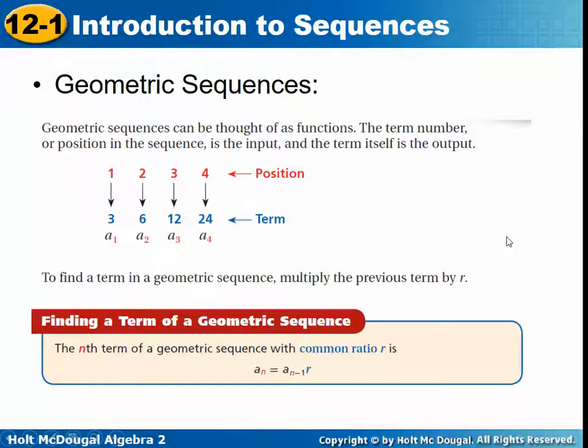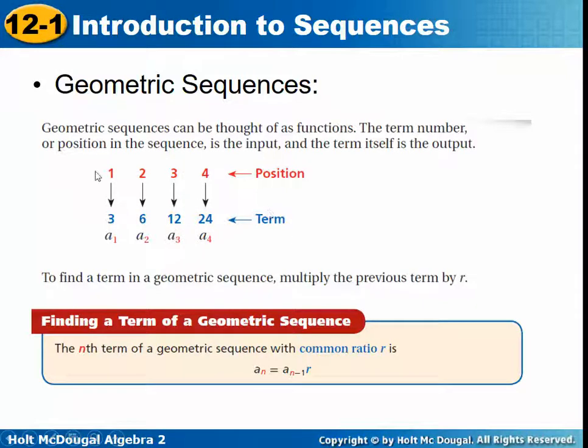Geometric sequences are also functions. So again, here's what we're talking about, the domain and the range. The position here, 1, 2, 3, 4, and then this is the term. So the first number, a sub 1, is 3, and the second, a sub 2, is 6, and the third, a sub 3, is 12, and so on.